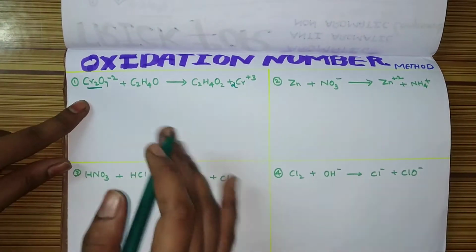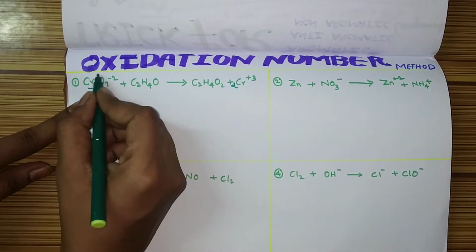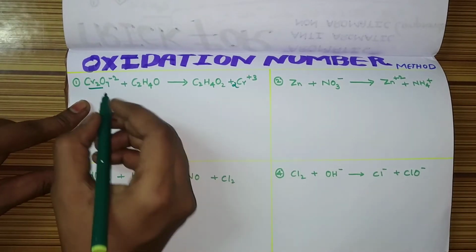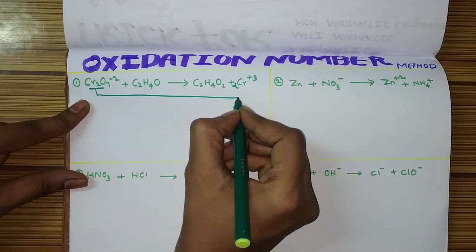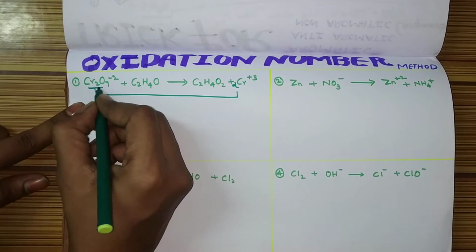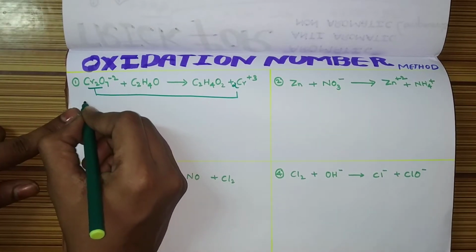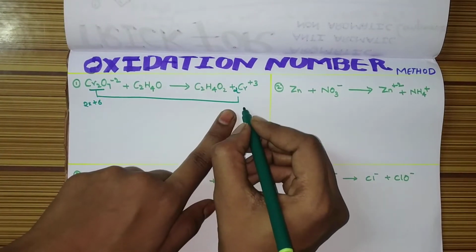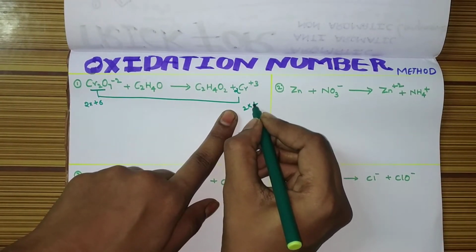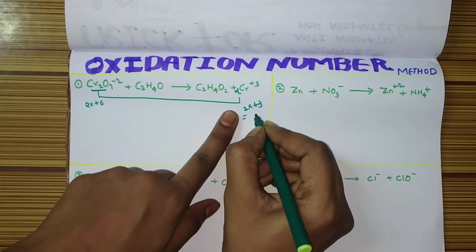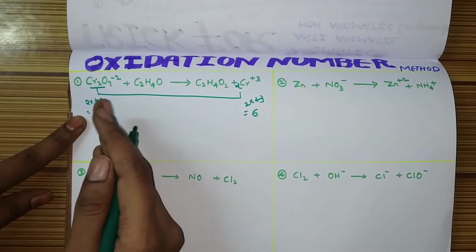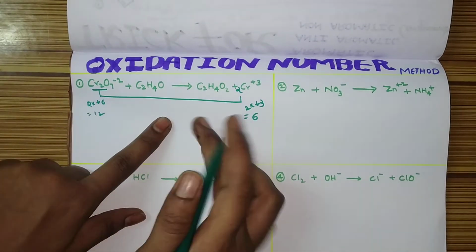Here it is +6 oxidation state and here +3. Two chromiums, so 2 into +6, and 2 into +3, it will result in +6 and +12. So find the difference: 12 minus 6, 6.